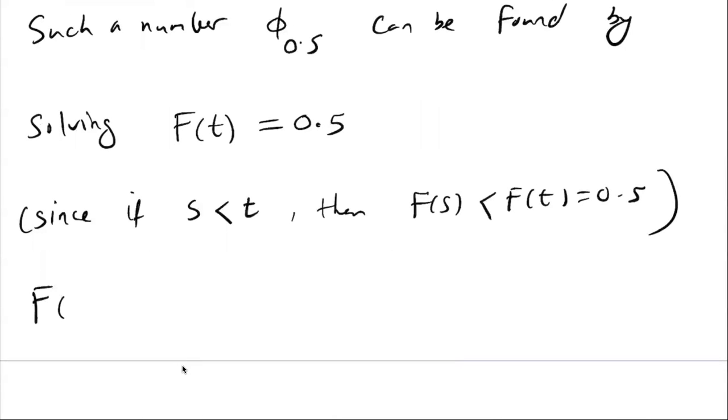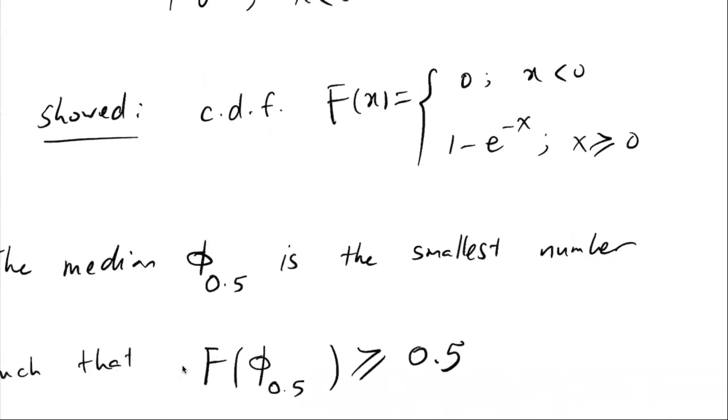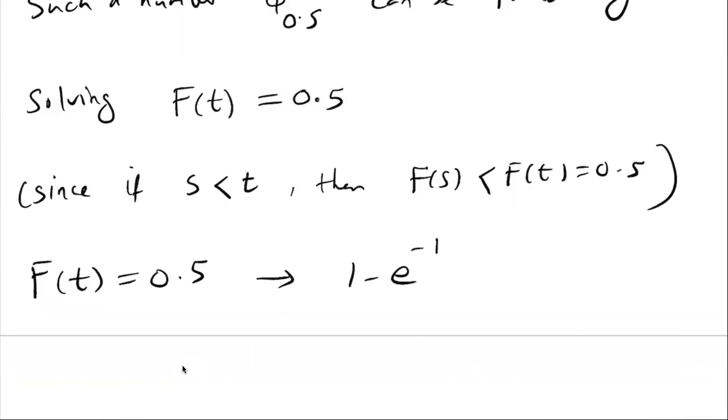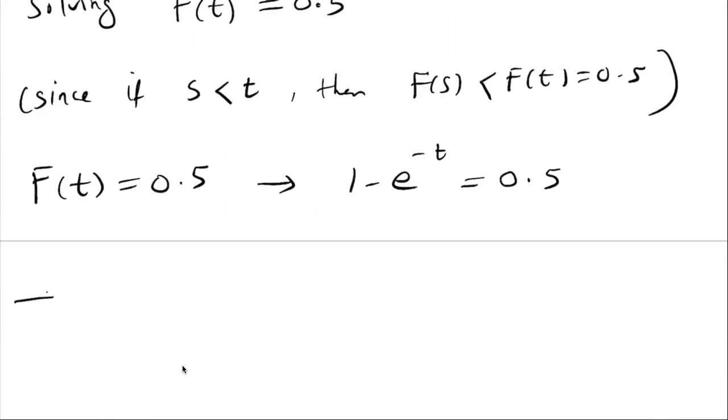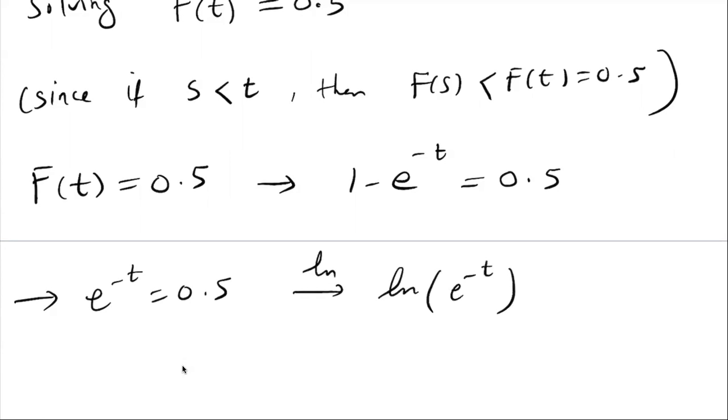So we want F of t equals 0.5. That means 1 minus e to the power minus t equals 0.5. To solve this equation, that means e to the power minus t equals 0.5. Take ln.